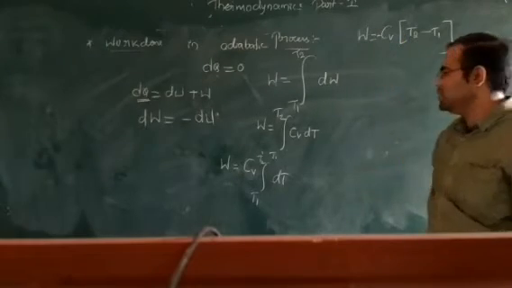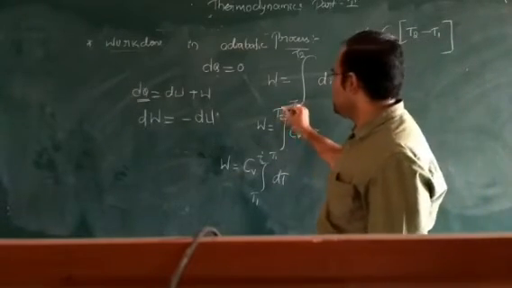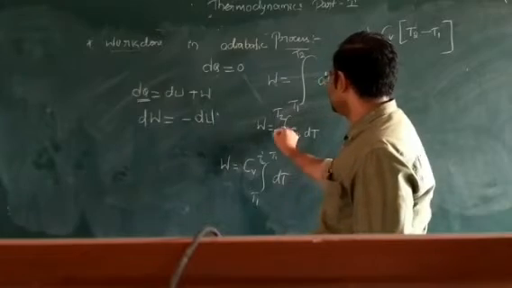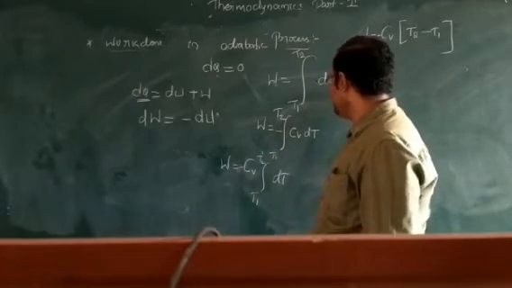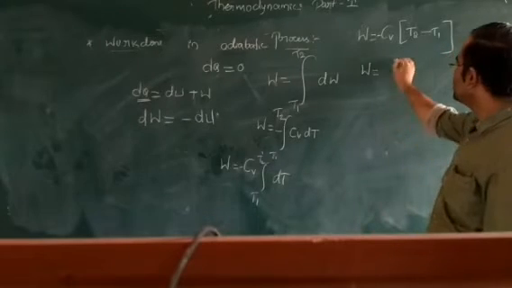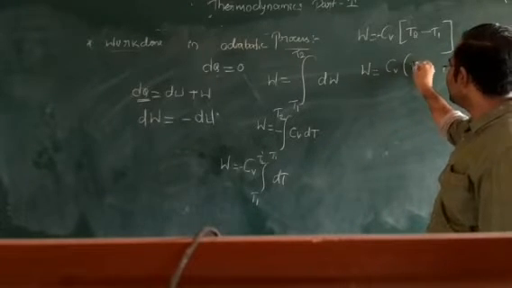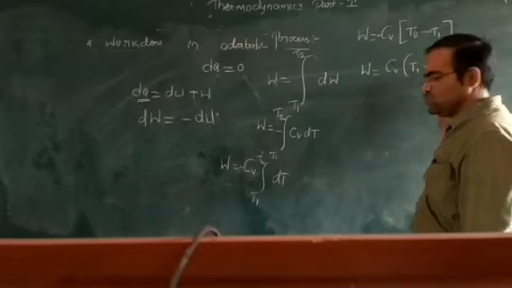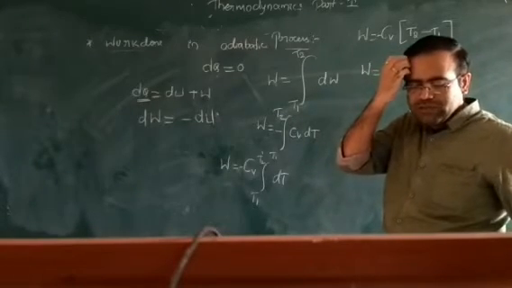Here the negative term is observed, because we have taken minus du, so it should be negative. So W is equal to Cv multiplied by T1 minus T2.